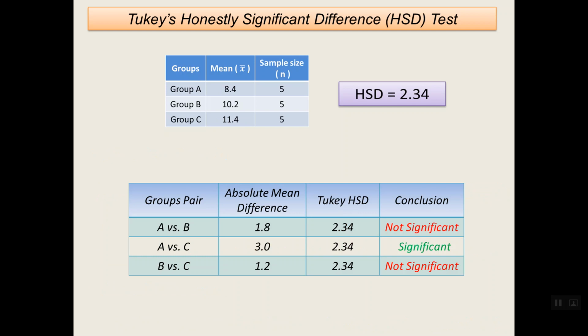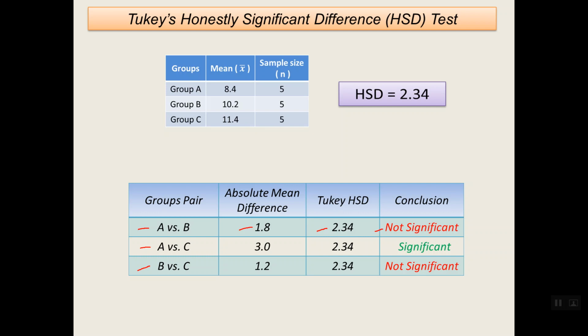So this slide summarizes the result we have got. We have three group pairs: A versus B, A versus C, and B versus C. A versus B, the difference between the two means is 1.8, and the value of the HSD is equal to 2.34. So there is no significant difference between the two means.